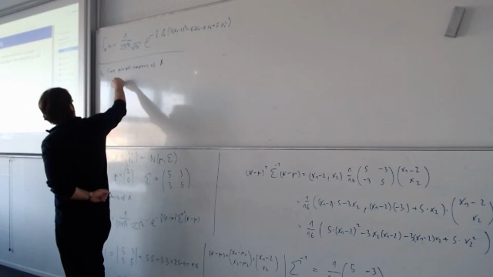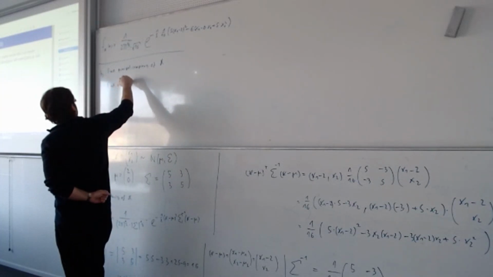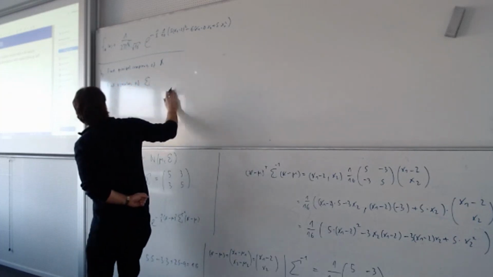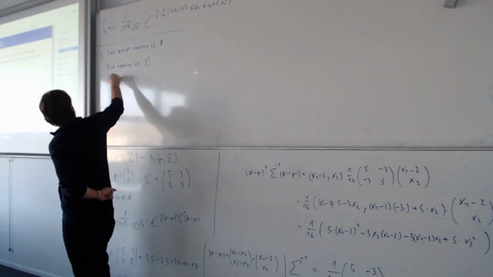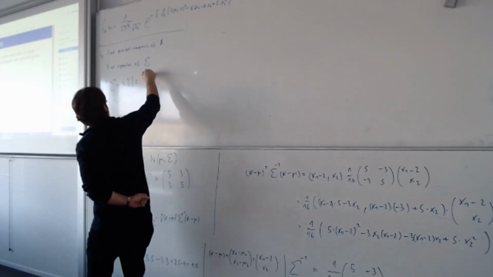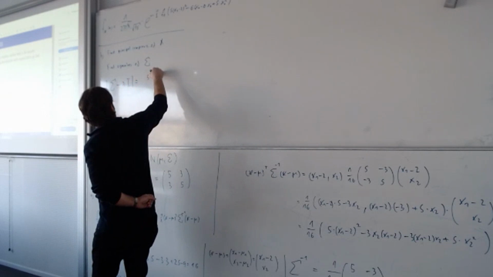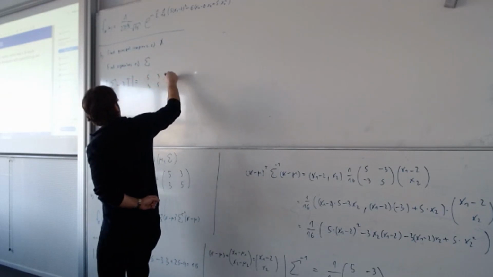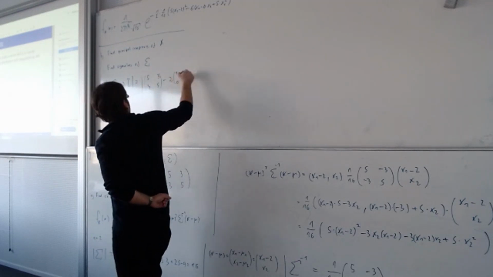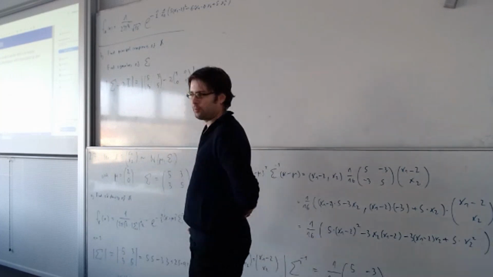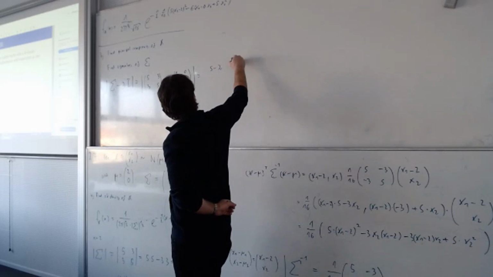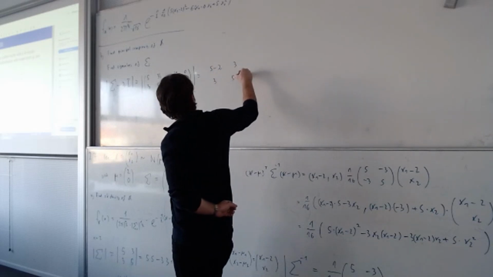So find the eigenvalues of sigma. Let's take a look at the determinant of sigma minus lambda times I, which is the determinant of, well, (5, 3; 3, 5) minus lambda times (1, 0; 0, 1). We just mean subtracting lambda from the diagonal, right? So 5 minus lambda, 3, 3, 5 minus lambda.